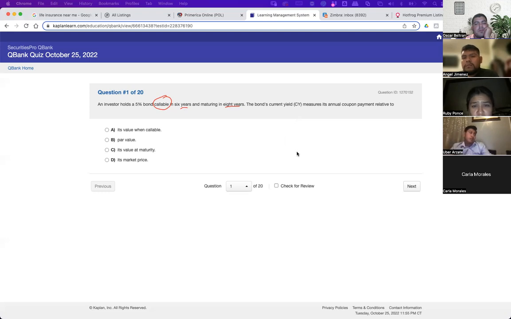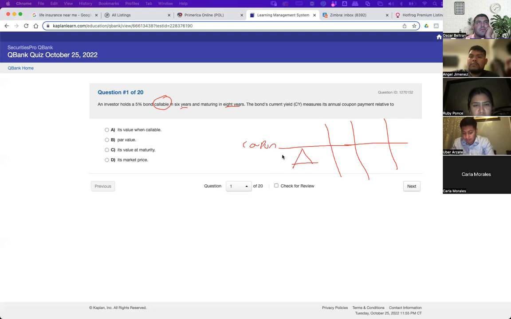If it was me, the way I would look at it is I would draw a little fulcrum, the coupon, and then you draw the different lines. So you're going to see this 5%. Wouldn't it be C? Say again? Wouldn't it be C? I'll go with B. B.